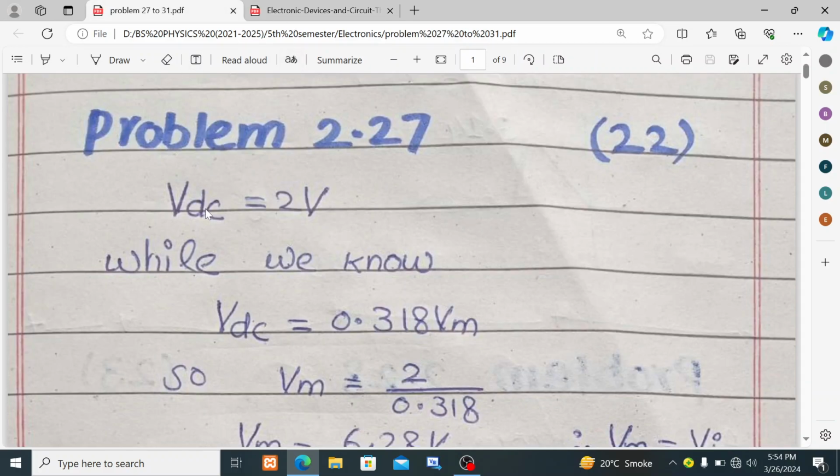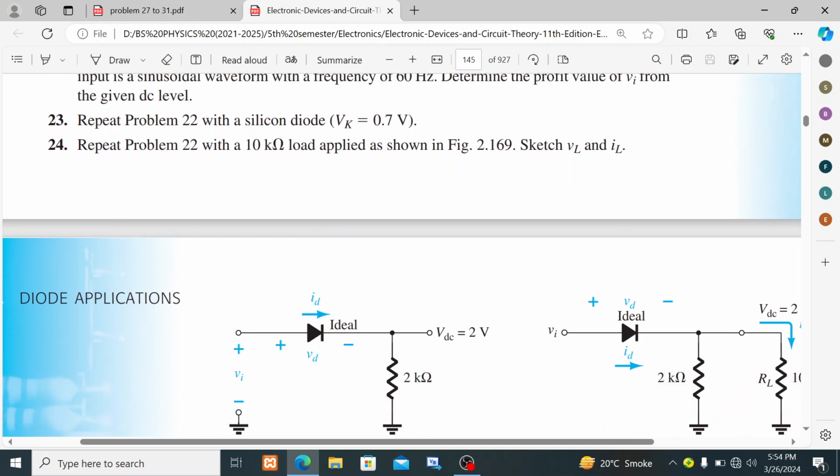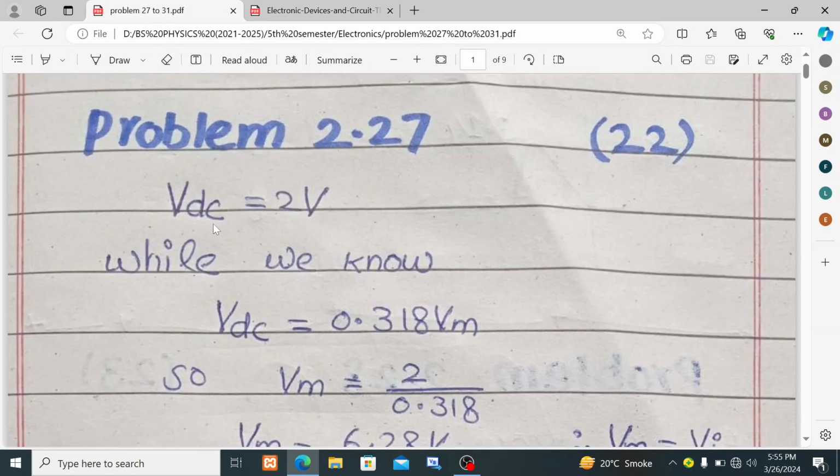As we know that VDC is given, first we see this picture. According to this figure, we solve the problem. Here VDC is given, that is 2 volt. So we know that for an ideal diode, VDC is equal to 0.318 Vm.